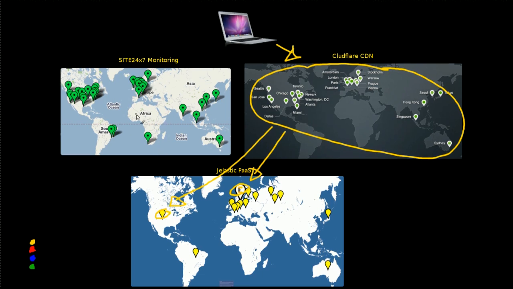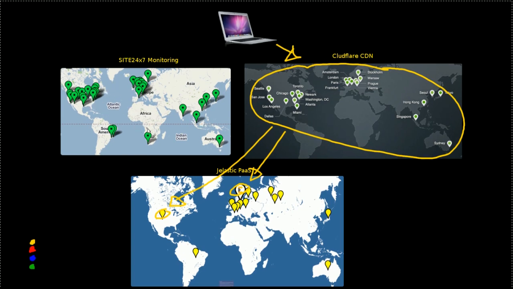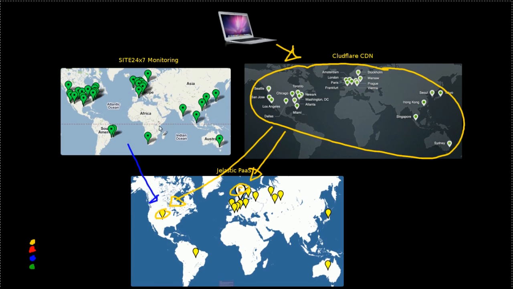At the same time, we will have the monitoring service from Site24x7. They have multiple nodes around the world that monitor your sites, so that will make sure that the sites are up and running.